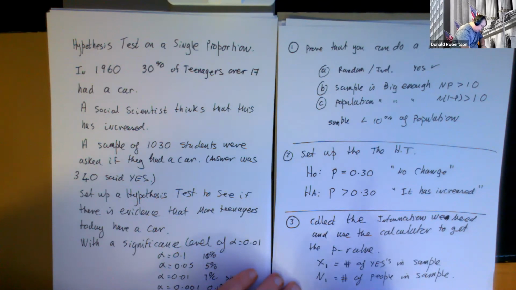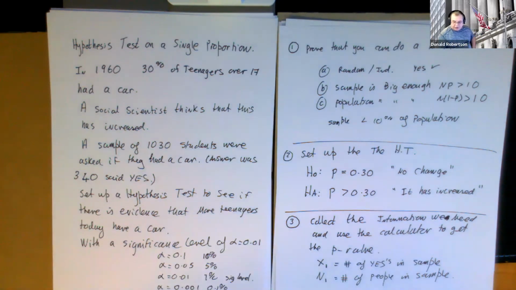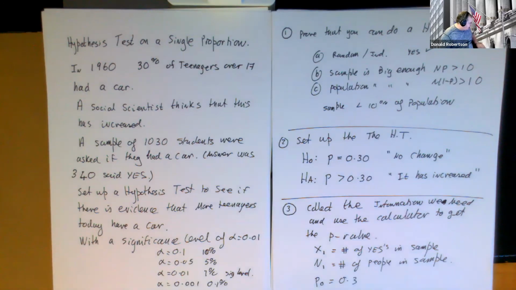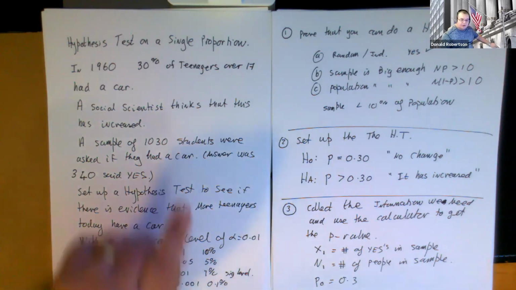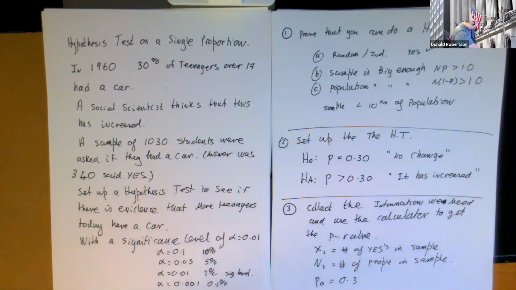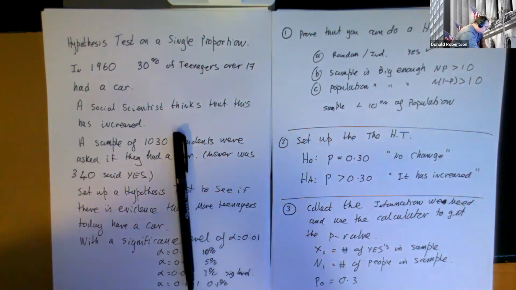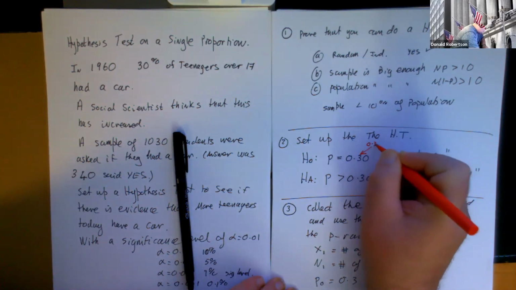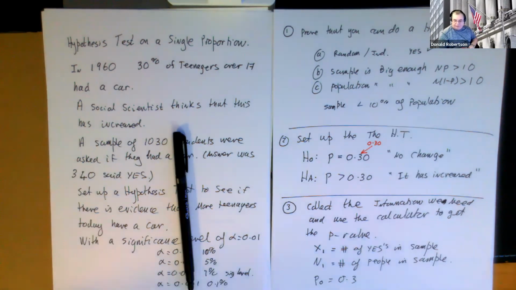And you need to know a thing called P naught. P naught is 30%. P naught is this guy. So whatever the number in the past was, make that P naught.